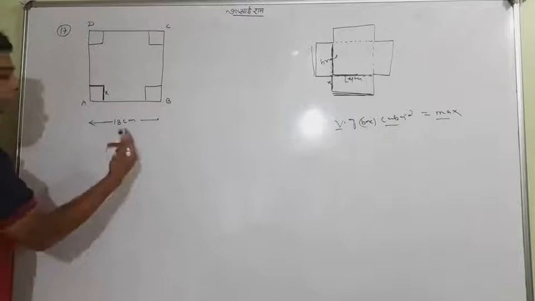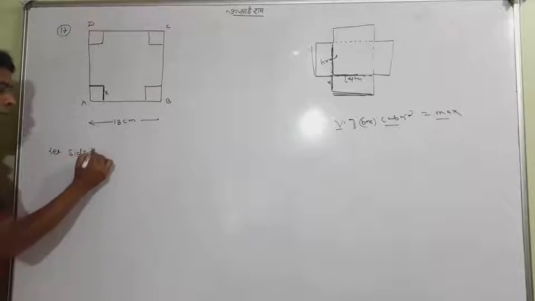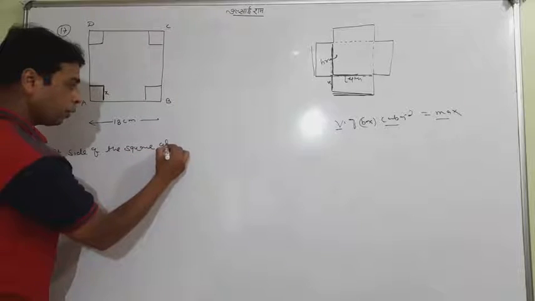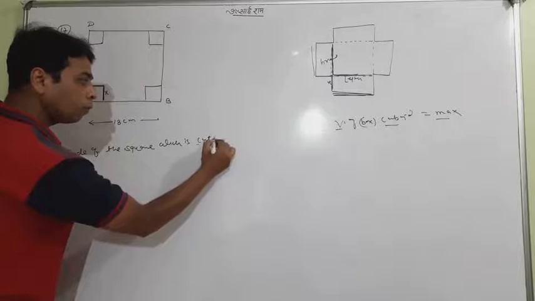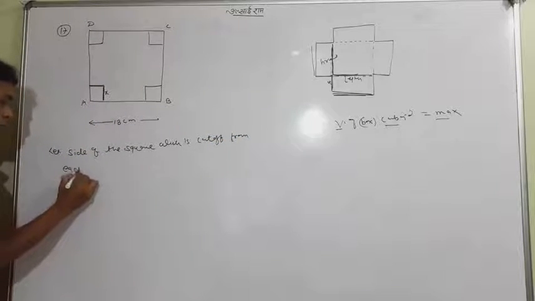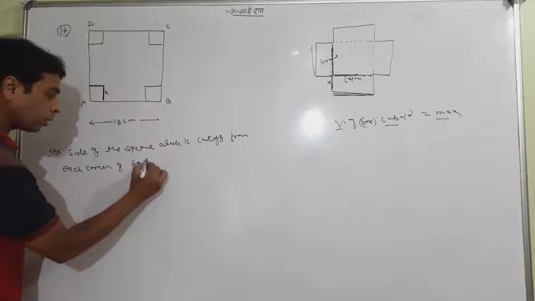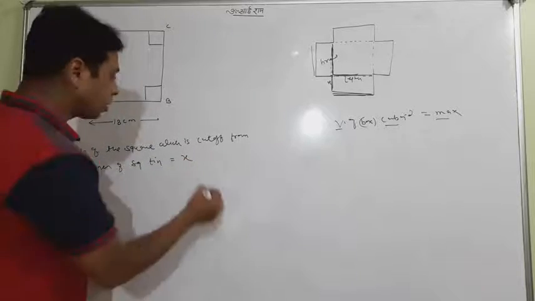So how to start the question? First I'll start: let the side of the square which is cut off from each corner of the square tin be x centimeter, meter, whatever.